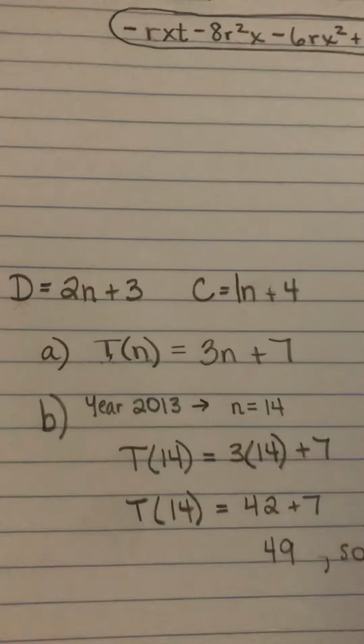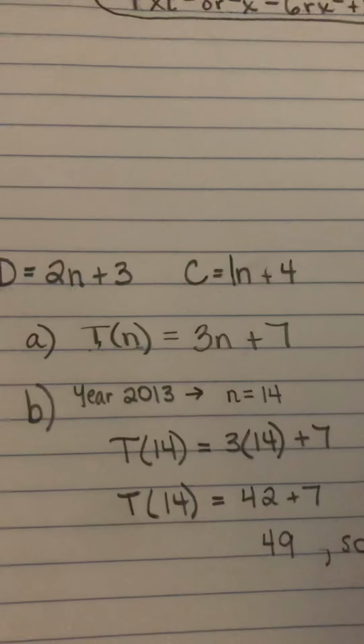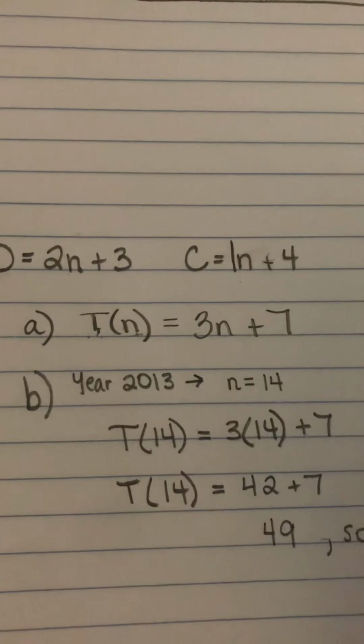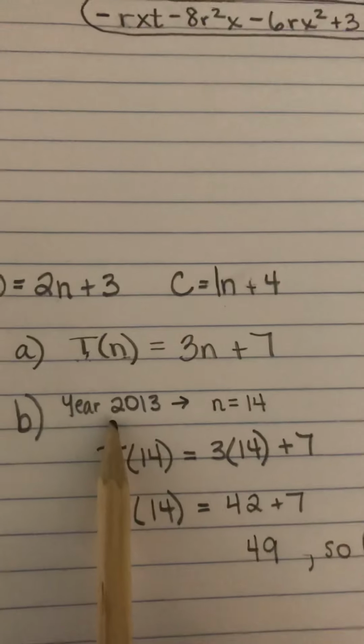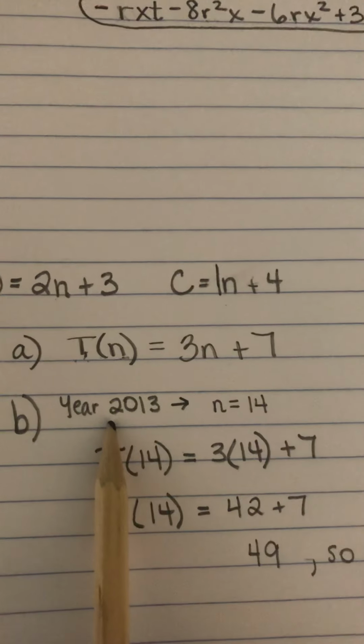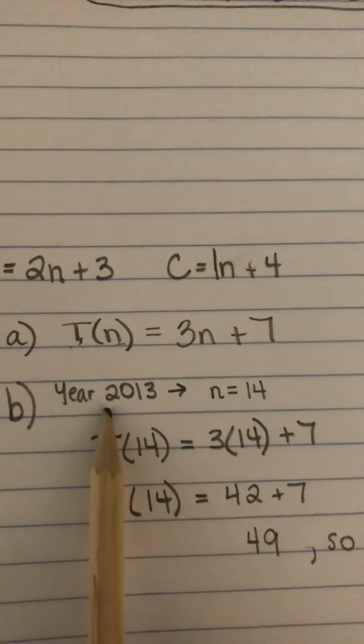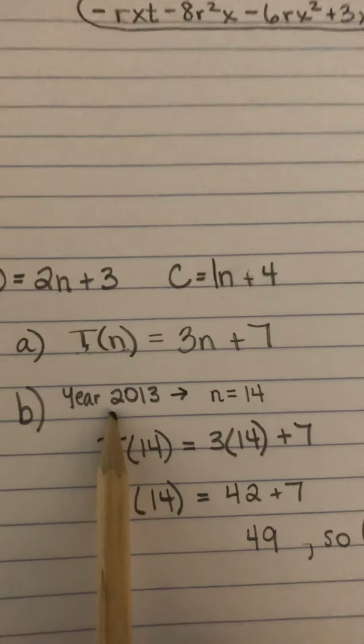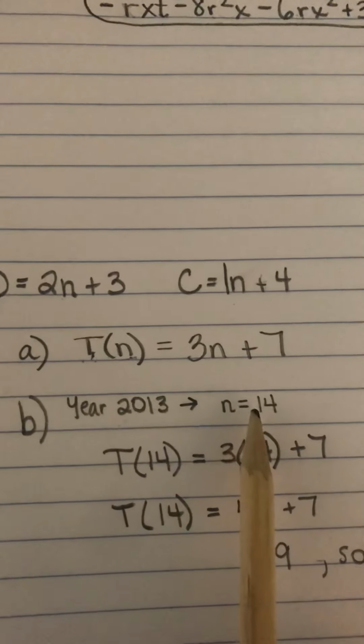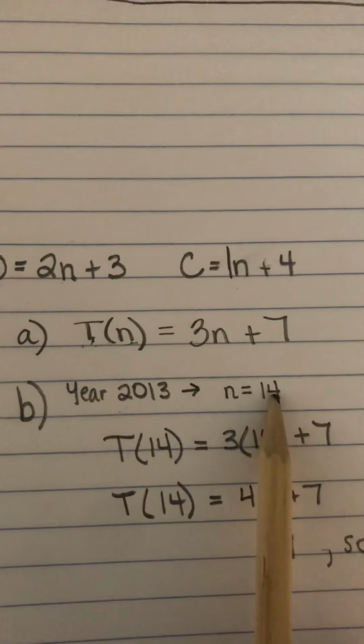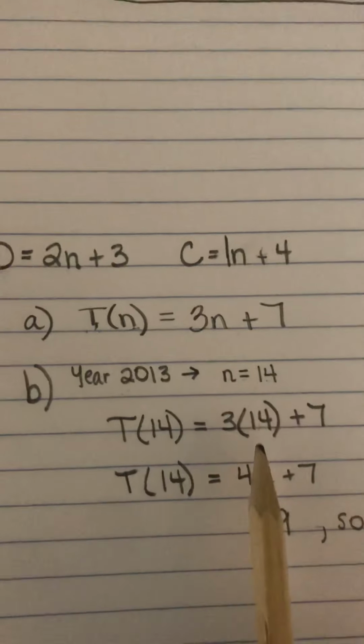And then letter B said, if this trend continues, how many dogs and cats will be adopted in 2013? Up in the problem, they had told you n is the number of years since 1999. So 2013 would be 14. N would equal 14.